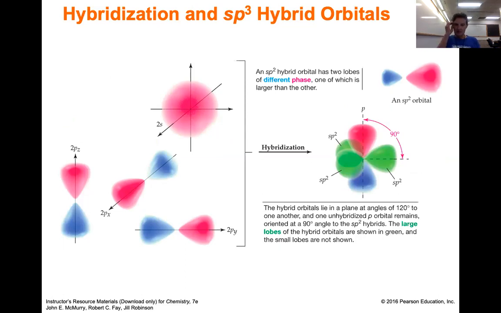They're not really giving you enough detail to make sense out of it, except that sp2 hybrid orbitals are 120 degrees apart. So if you form sp2 hybrids, the green lobes in the picture are the hybrid orbitals. And then remember, we only use 2 of the p orbitals. So there's a p orbital that has a pink lobe and a blue lobe that's perpendicular to that plane.